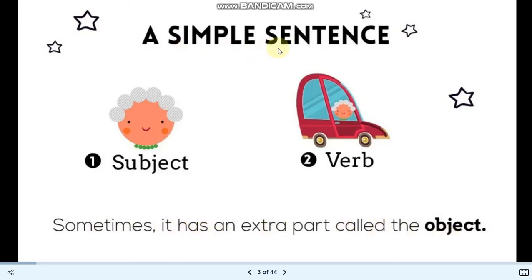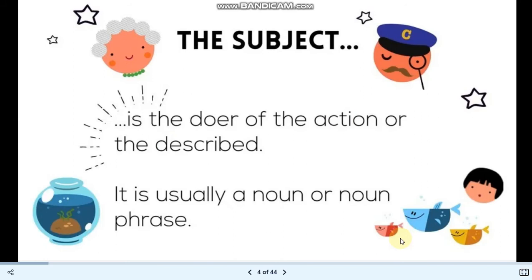So a simple sentence has a subject, a verb, and sometimes an object. The subject usually is a noun, and the verb tells us an action, and sometimes it has an extra part called the object.